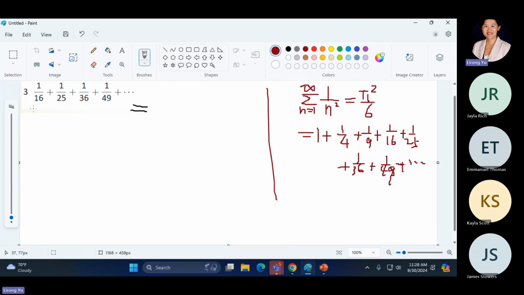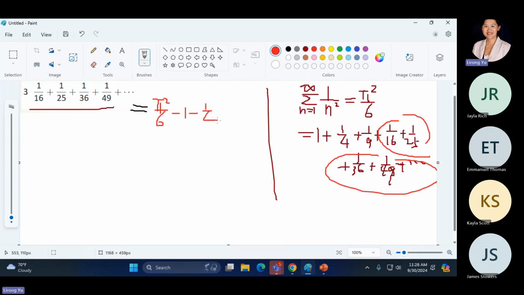Now back to this question, we're actually adding only the part starting 1 over 16. We didn't add the first few numbers. So you're gonna take the pi squared over 6 and then subtract 1 over 4, and then subtract 1 over 9. And that's how we calculate it.